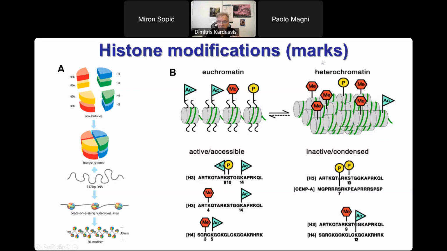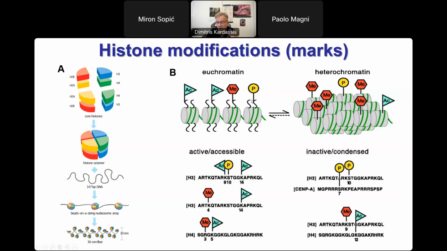So depending on the mark, we can predict whether a gene will be activated or will not be activated. So there are specific marks for active chromatin, and there are specific marks for inactive chromatin.